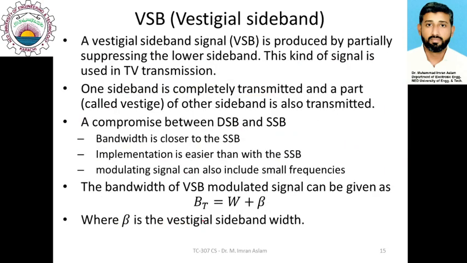Another variant of amplitude modulation is named vestigial sideband or VSB. Vestigial sideband is an intermediate scheme between DSB and SSB.